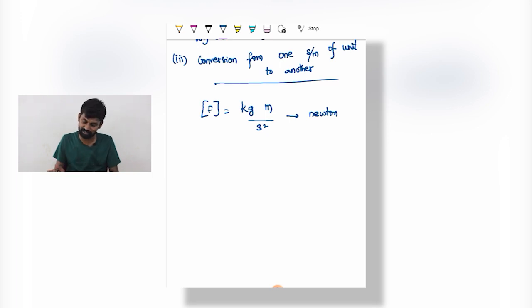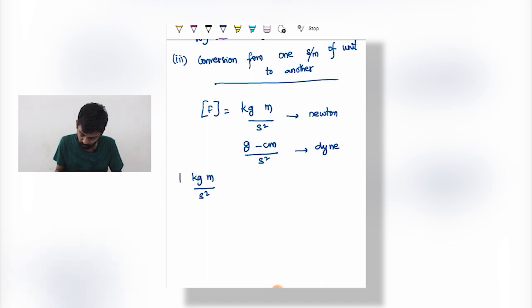But if we consider CGS units, the CGS unit is nothing but gram centimeter per second square, and this is named as dyne, denoted by dn. So, when we are converting from one system to another system, let us convert and see what will happen. 1 kg meter per second square is equal to 1 kilogram, which is nothing but 10 power 3 gram, and 1 meter is nothing but 10 power 2 centimeter, divided by the same second square.